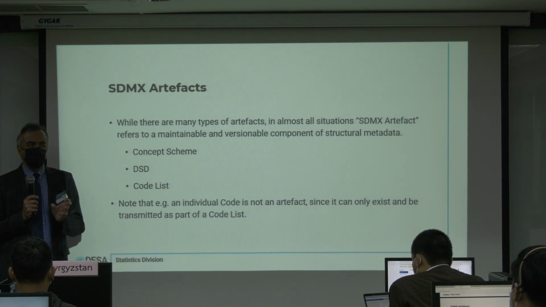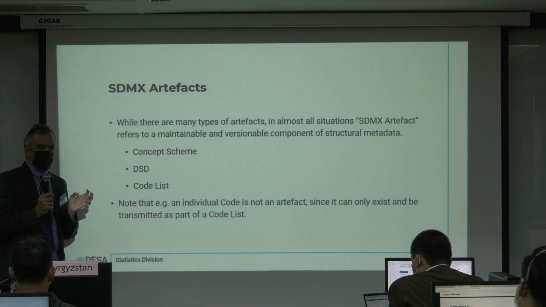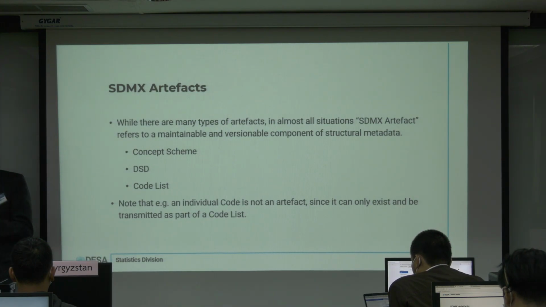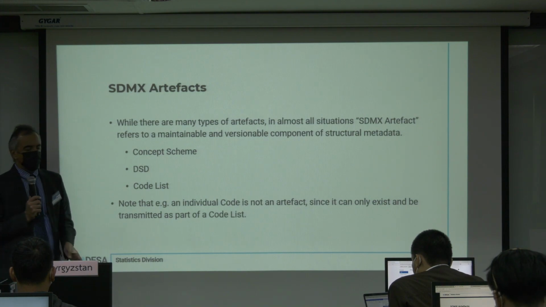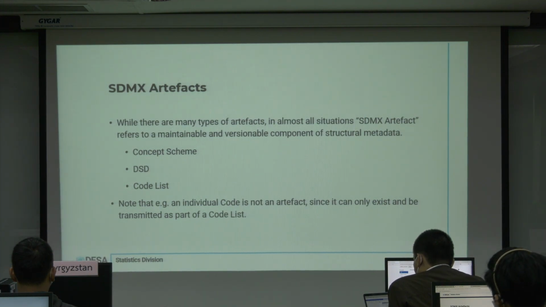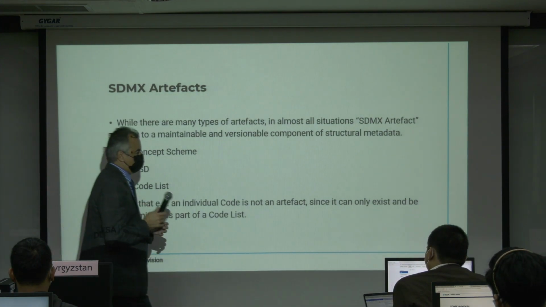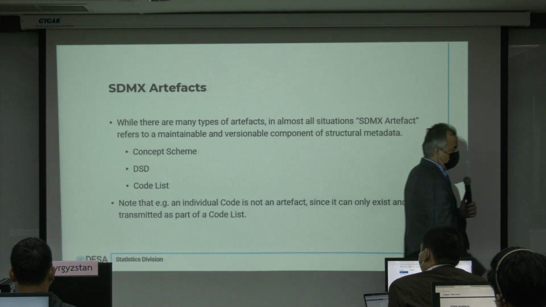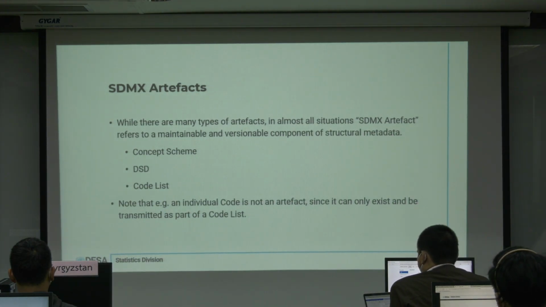And they don't usually refer to an SDMX code or an SDMX concept or an individual SDMX category as an artifact. They usually talk about code lists, concept schemes, data structures, and so on. Okay. Any questions?